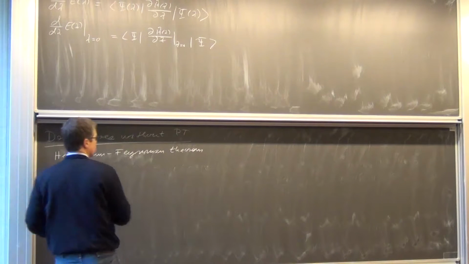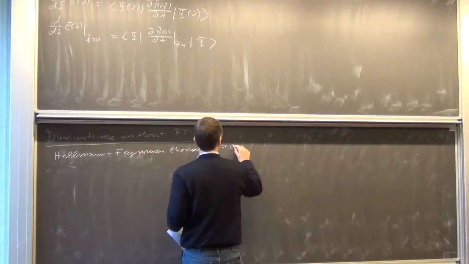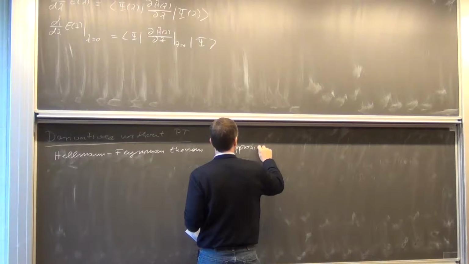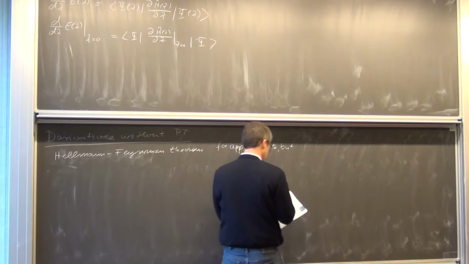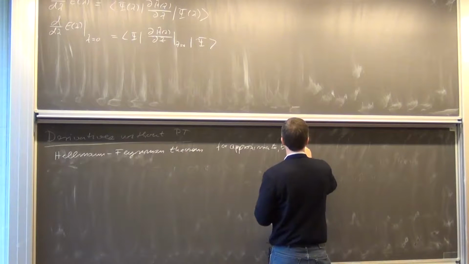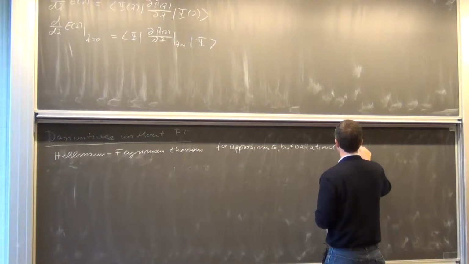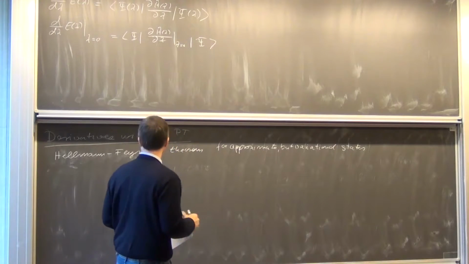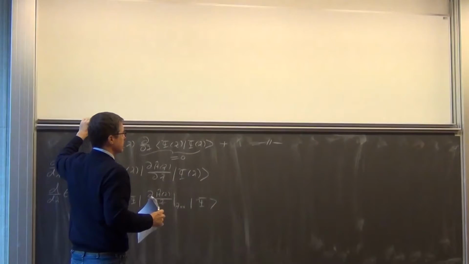So for approximate states, approximate but variational states. And there are two things for approximate but variational states. Get this down.